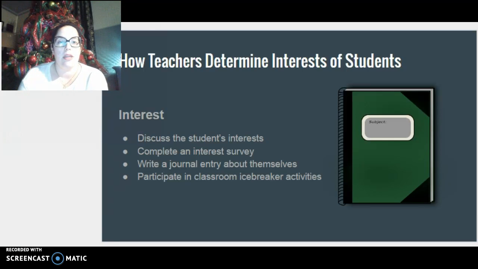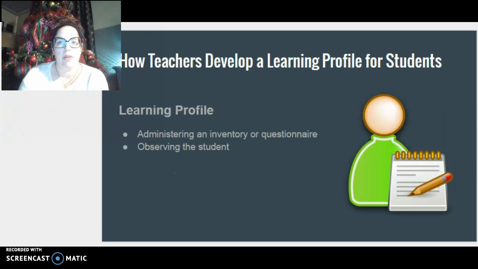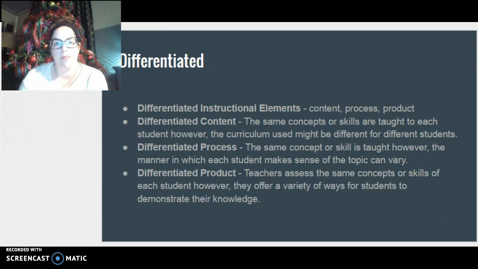They could participate in classroom activities or icebreakers just to give us a better idea of what really gets them going, what they're interested in. When we want to develop a learning profile for students, we could take an inventory or questionnaire, just observing the students, getting to know them, seeing what works for them.